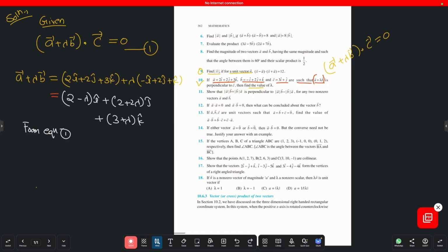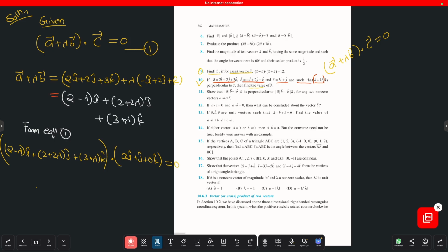From equation 1, we have this vector dot c vector equals 0. What is c vector? c vector is 3i + j. k is not given, so 0k. So from equation 1, (2 - λ) i + (2 + 2λ) j + (3 + λ) k, this dot product with c vector, which is 3i + j + 0k, equals 0. k is not given, it means the k scalar component is 0.